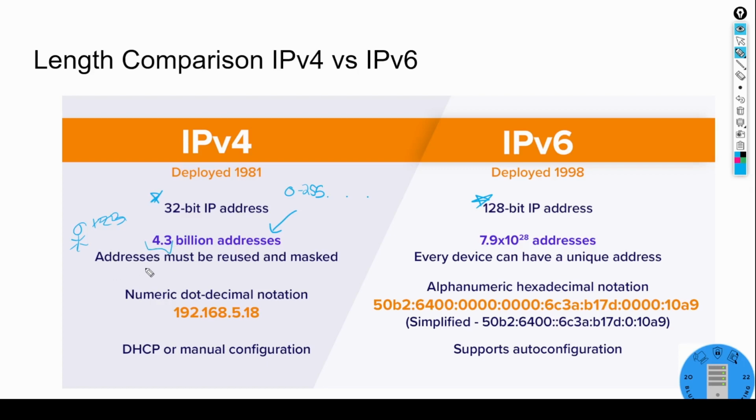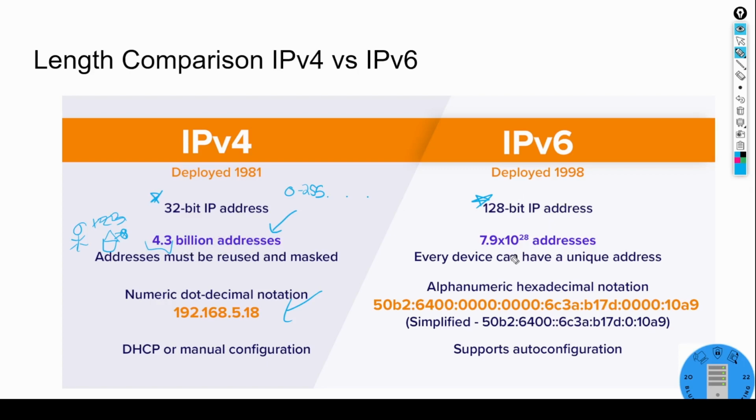That's why we now have addresses that must be reused and masked, and we have private IP ranges to share one publicly routable IP address for our home. We'll get more into that later, but again, IP version 4 ran out of IP addresses, limited to 32-bit allocation, and only 4.3 billion addresses could be made.